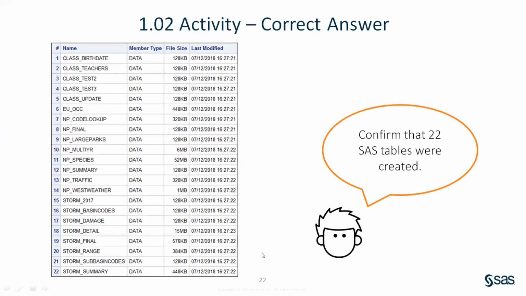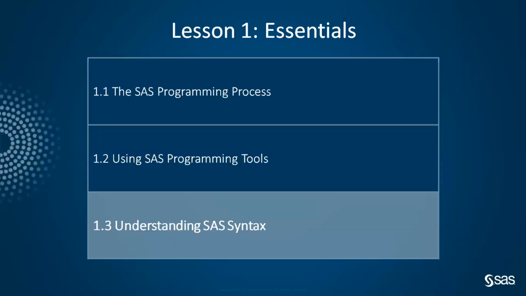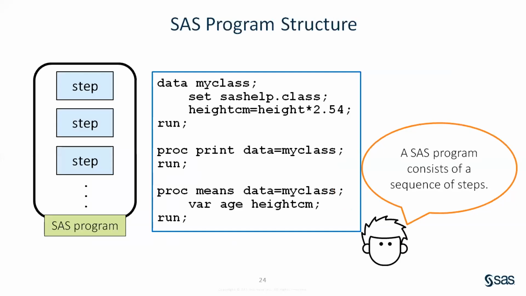So these were all 22 files or SAS tables which are now going to be used by us in SAS Studio. So we'll understand the syntax for SAS. The SAS program structure consists of various steps. And what are those steps? Those steps are the data step and proc steps.